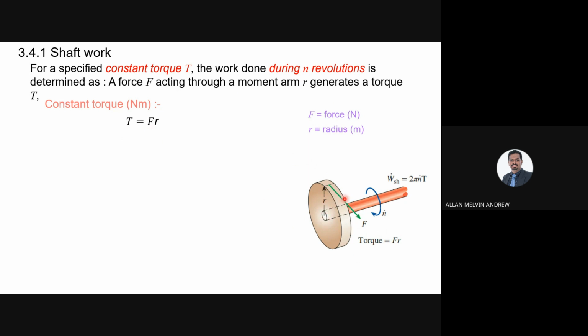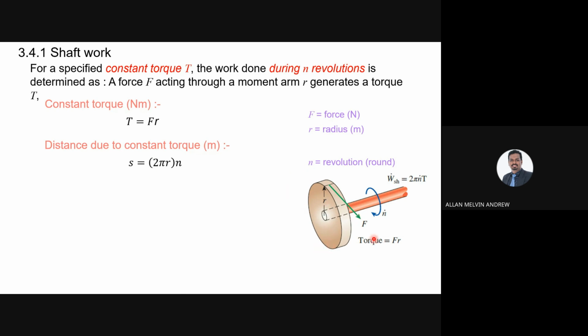Okay, the distance for a constant torque: s equals 2 pi r times n, where 2 pi r is the distance covered by one circle and n is the number of revolutions, how many rounds you take.